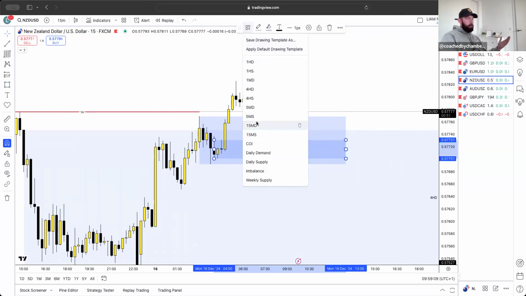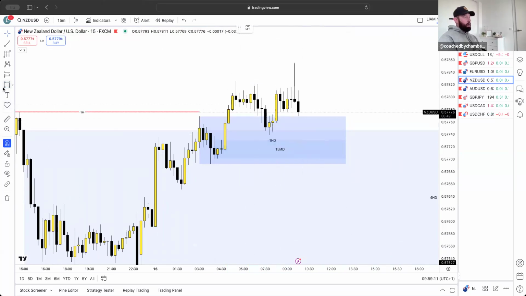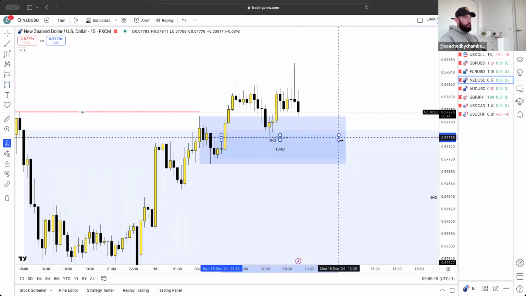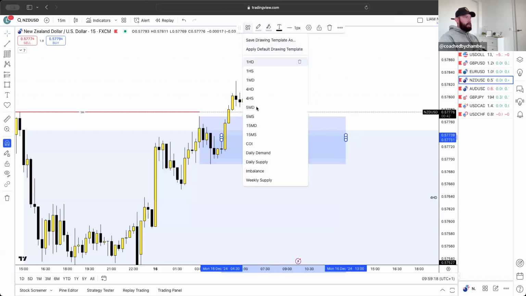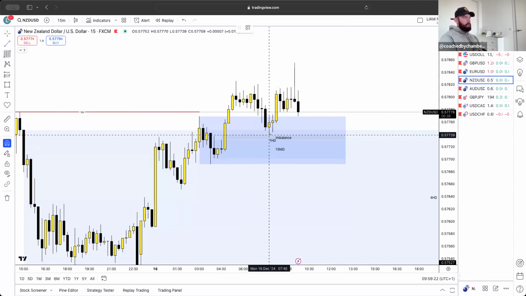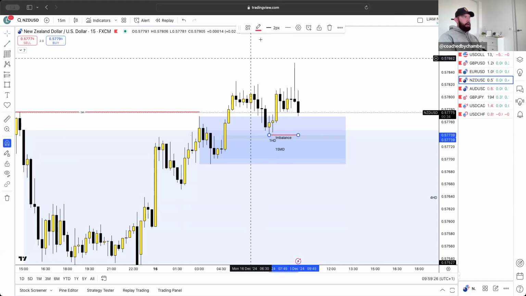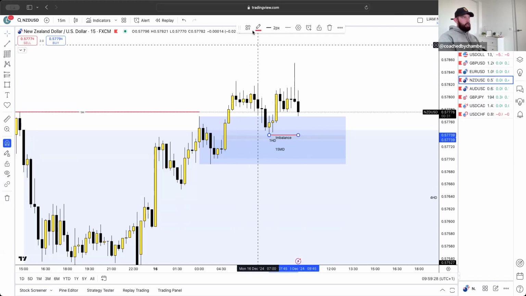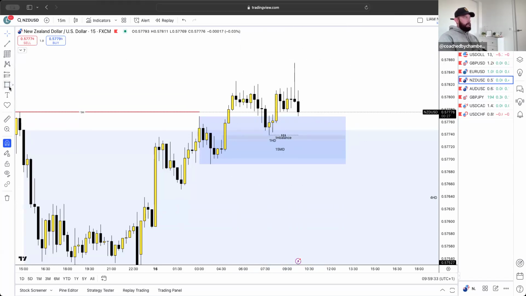So first thought is, with that 15-minute demand area, with also this imbalance above, could this be early inducement? Could these lows be the early inducement? Because we've not had the clear high break, we've had more of a liquidity of Asian. So could we have this come back down?